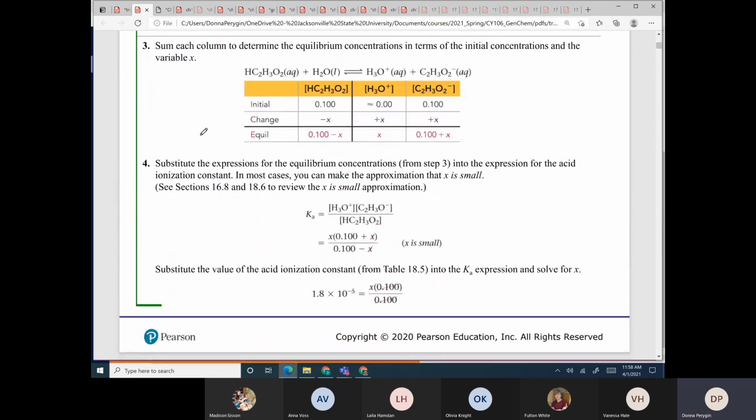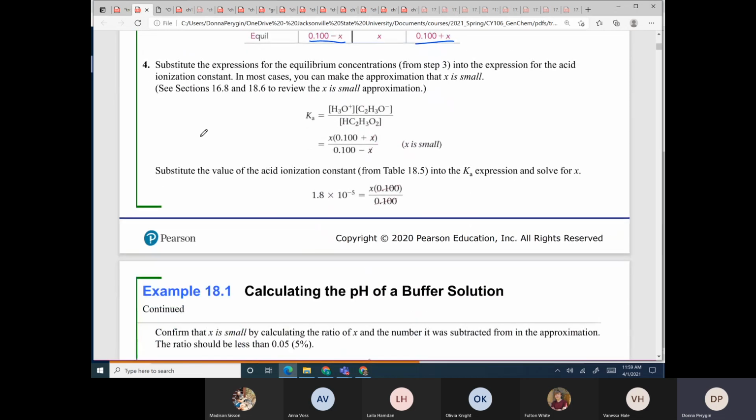All right, and so at equilibrium, we've got 0.100 minus X. Since we started out with X of the sodium acetate, we're going to have 0.100 plus X at equilibrium. Okay, so our Ka is equal to the products over reactants.